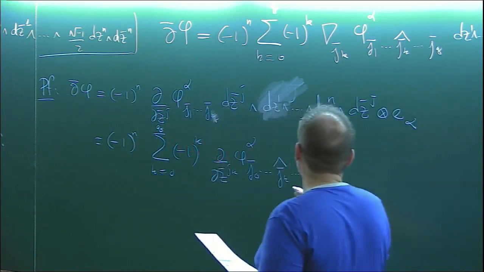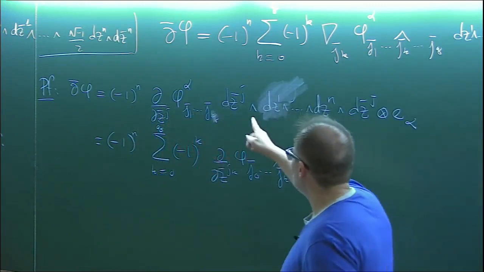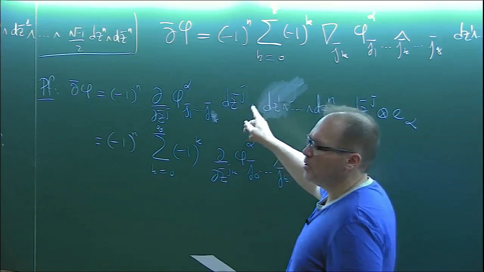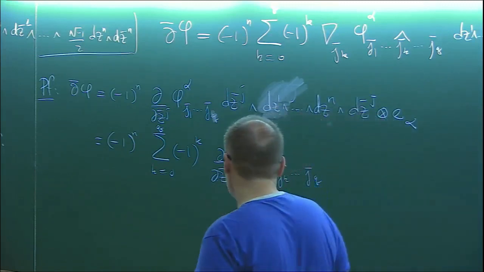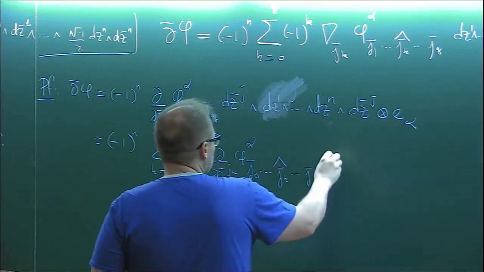This is q plus 1 indices. This j has a different label depending on where you see it inside the summation. And I think that's it.